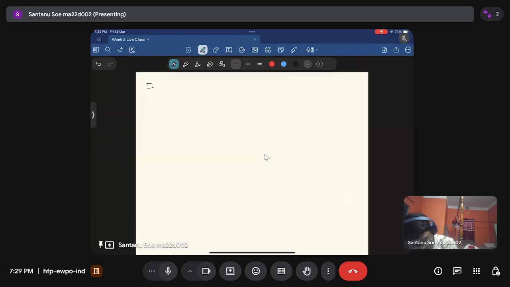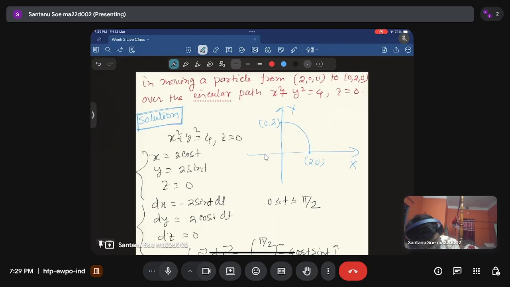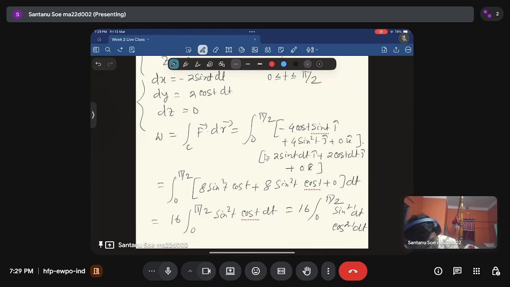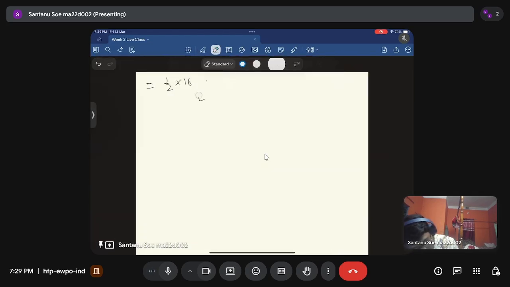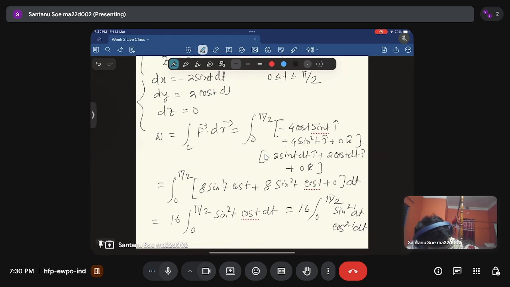So this will be half into 16, so beta of 2 comma 3.